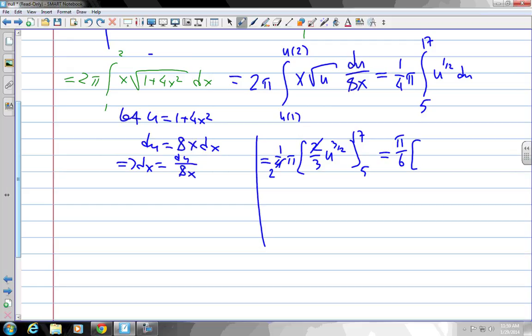And then you have 17 to the 3/2 minus 5 to the 3/2, or it's 17 square root of 17 minus 5 square root of 5. Whatever that is, that's an answer. Is that okay? Okay. Questions on how we did this one?